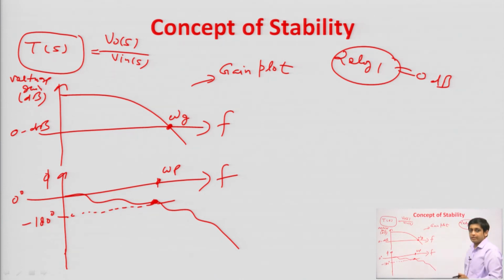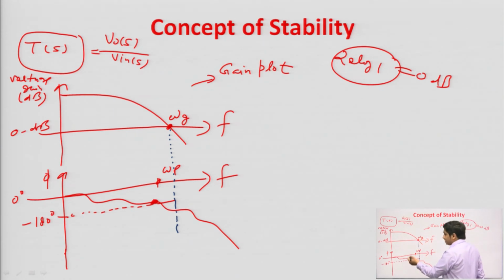Now, to calculate the stability, we calculate the phase margin. To calculate the phase margin, what do we do? We draw a vertical line from the gain crossover frequency, that I am drawing in blue color. Obviously, this vertical line which is drawn from the gain crossover frequency will cut the phase plot at a particular angle. Suppose that angle is, let us say, minus 200 degree.